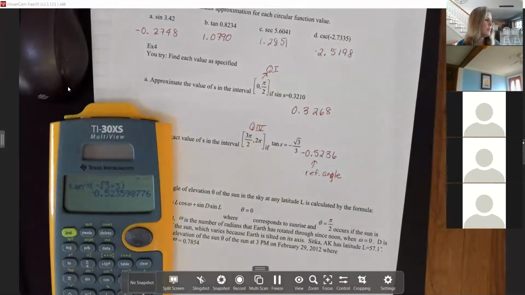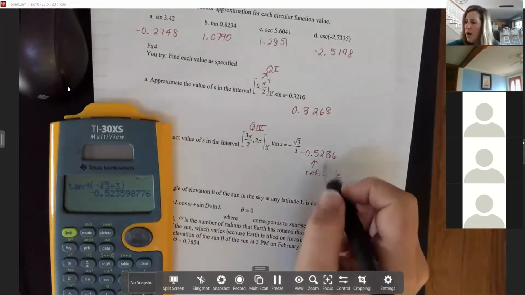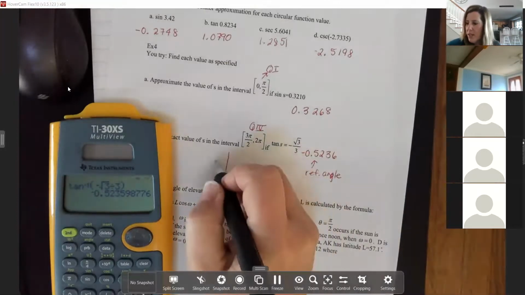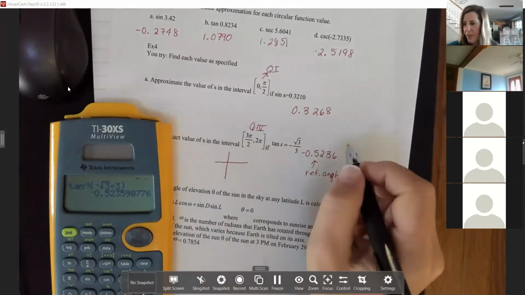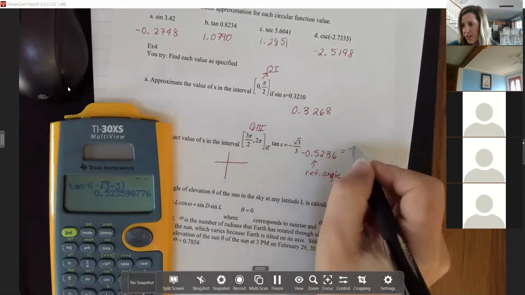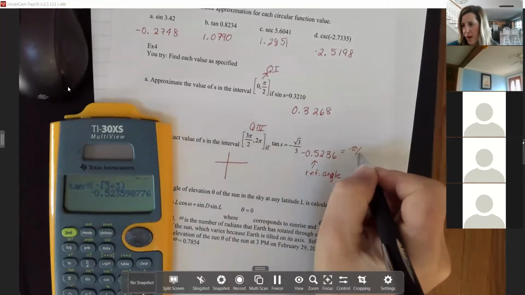All right, so how do I get, if that's the reference angle and you're in quadrant 4, it's actually easier, this is the same as negative pi over 6.